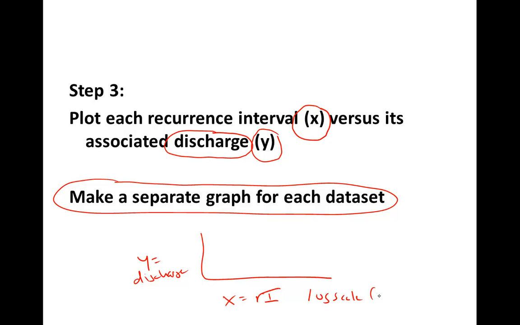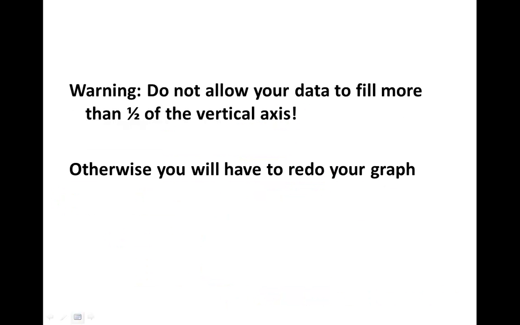By that I mean it's powers of 10. The y-axis is a linear scale, which is the normal scale that you've seen many times before. When you're making your graphs, you're going to have to choose a scale for your y-axis based on the range of discharges you see in your data set.